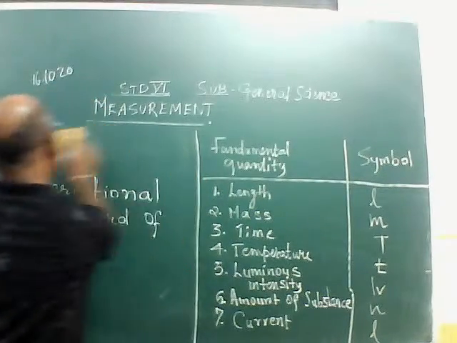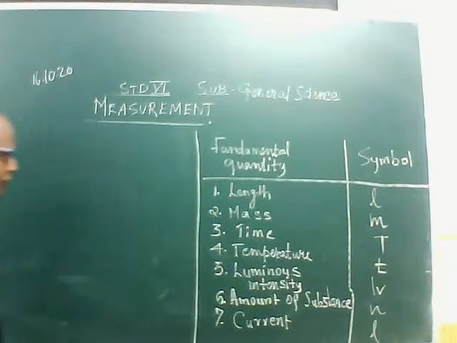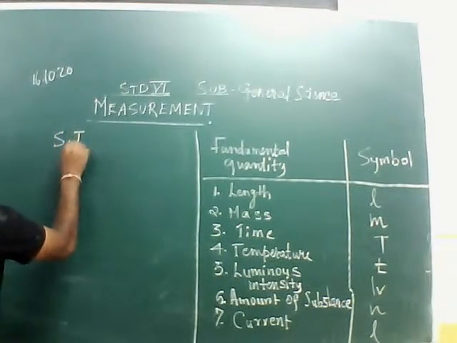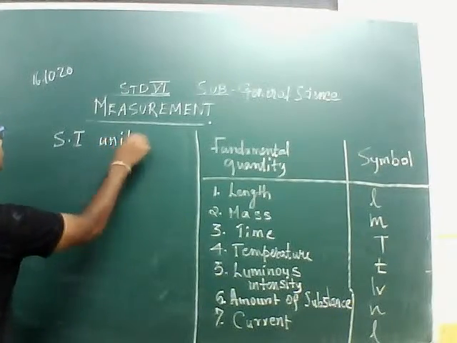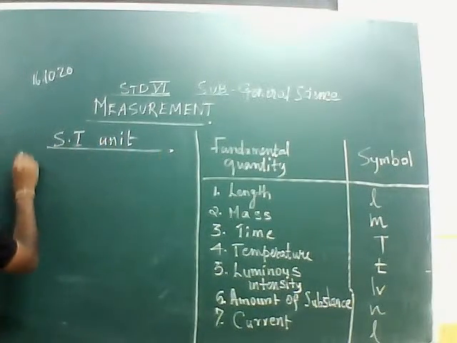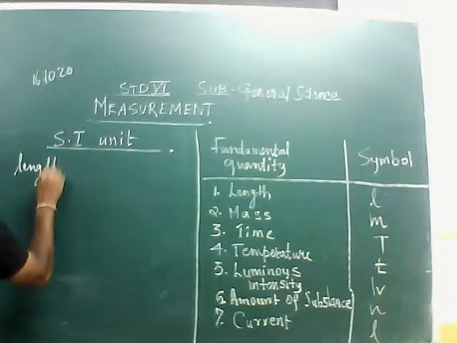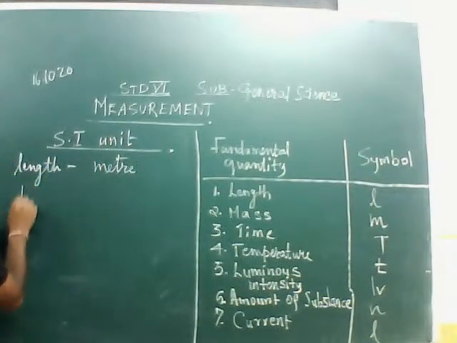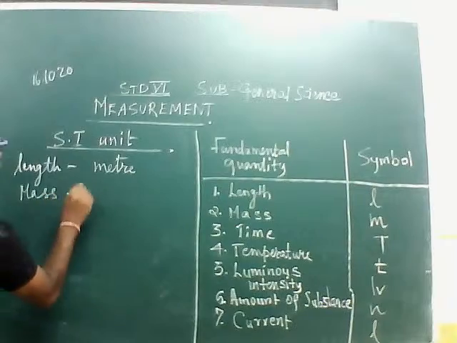Then what are the SI units of these? SI unit of length is meter. Mass, kilogram.